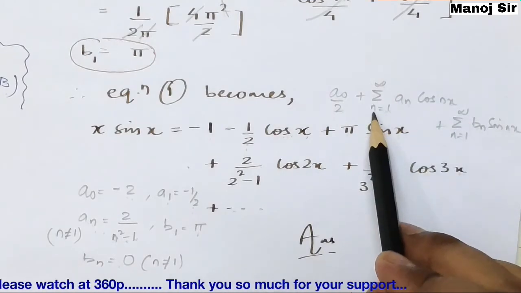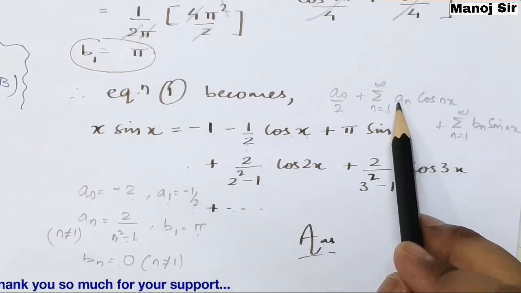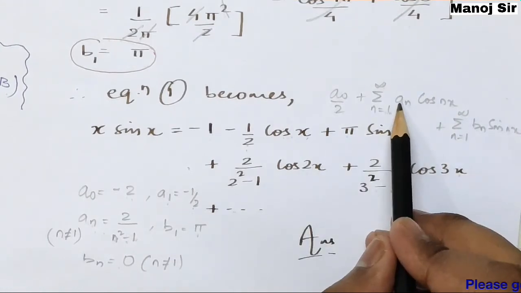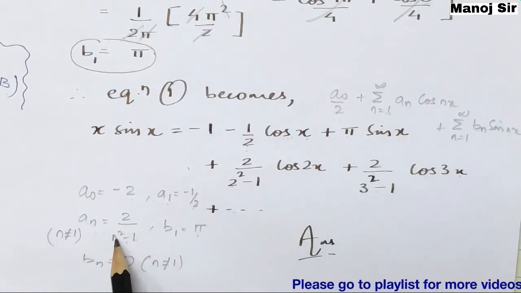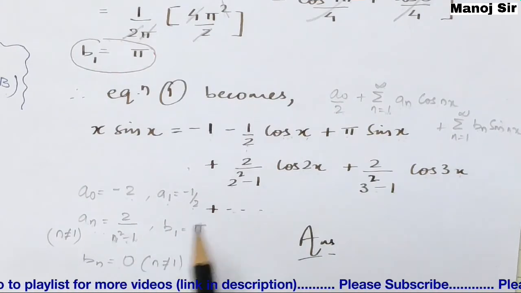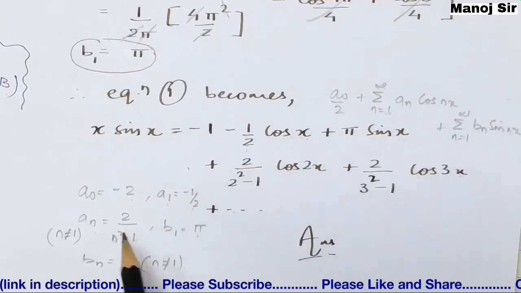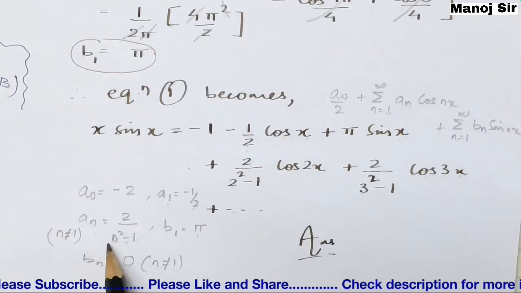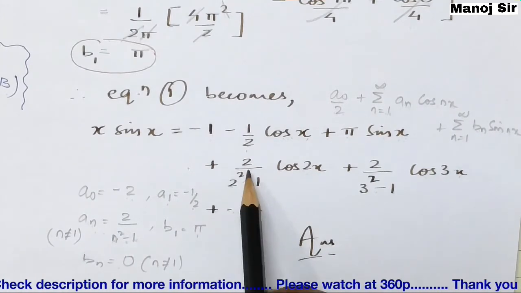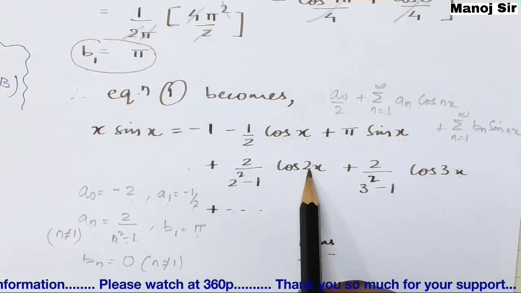Simply we take this term, but n equals to 2 to infinity. So this is going to be a2 cos 2x. And what is an? 2 upon n square minus 1. If you put n equals to 2, this is going to be 2 upon 2 square minus 1 into cos 2x.